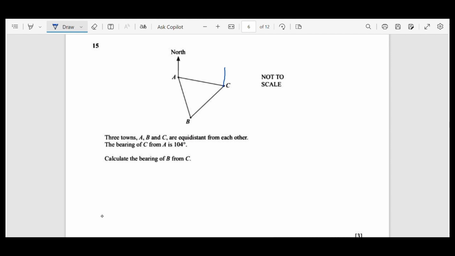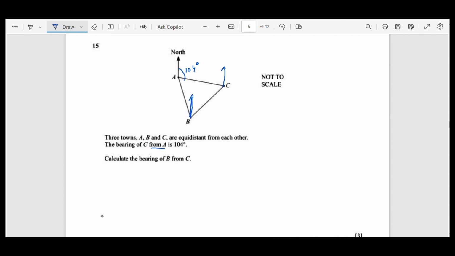This is our north for this, and let's take this as a north. Now the bearing of C from A is 104 degrees, given.